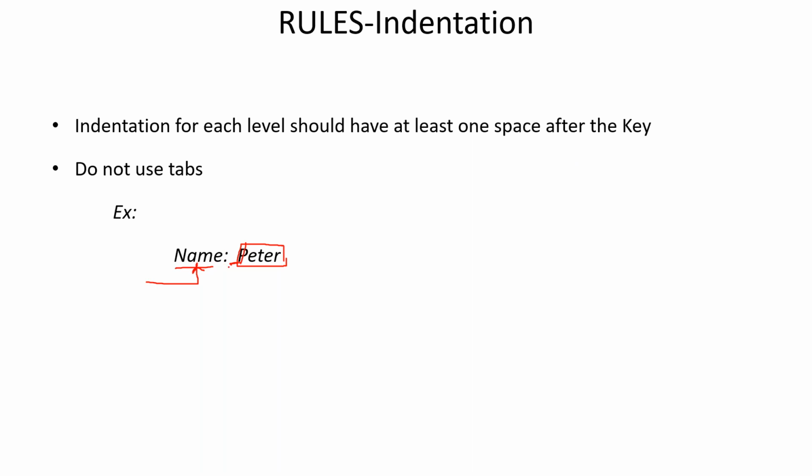If you don't give that space, this becomes an entire key, and there is a chance that it might take the value as null, because it doesn't know what the key and value are. So make sure that you have at least one space.